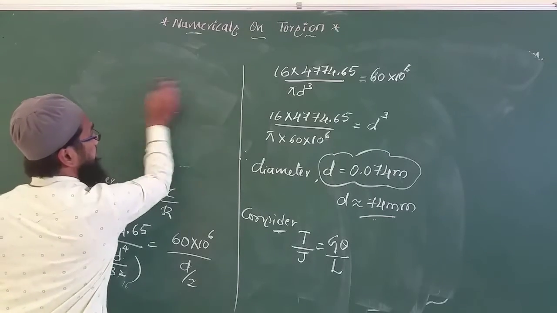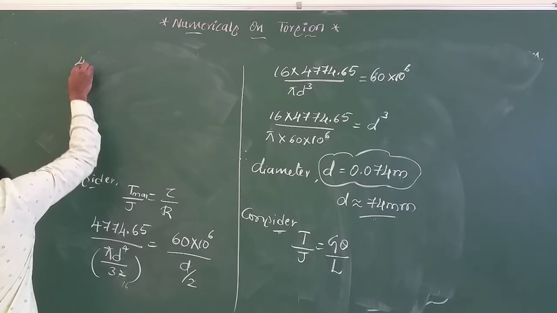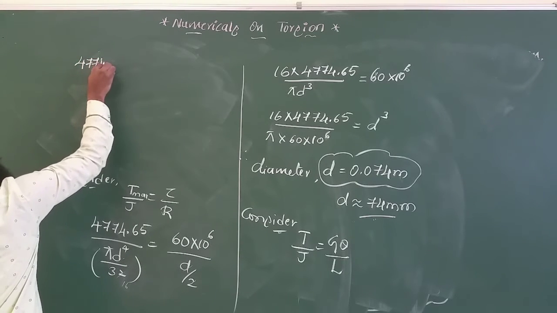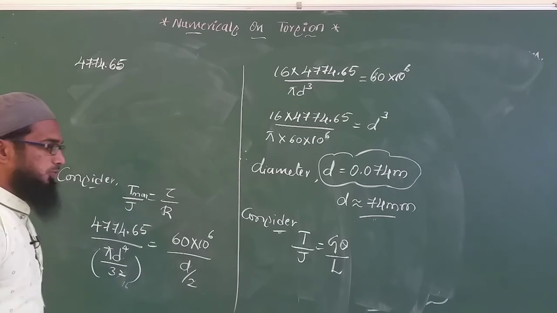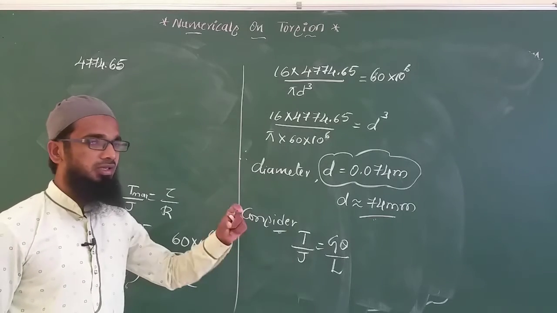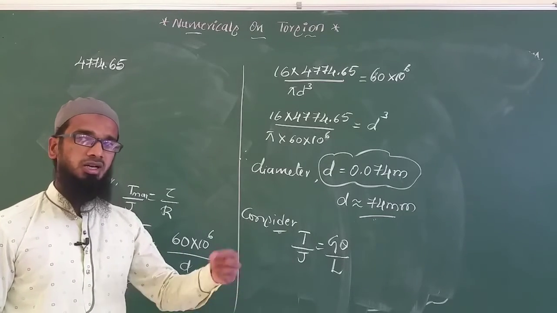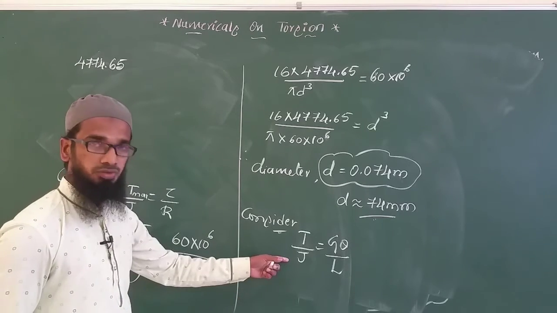Now T is nothing but T maximum, 4774.65. When we are substituting the terms, we have to keep in mind that the entire term should be either in mm or in meters. Better I'll take it in mm here.